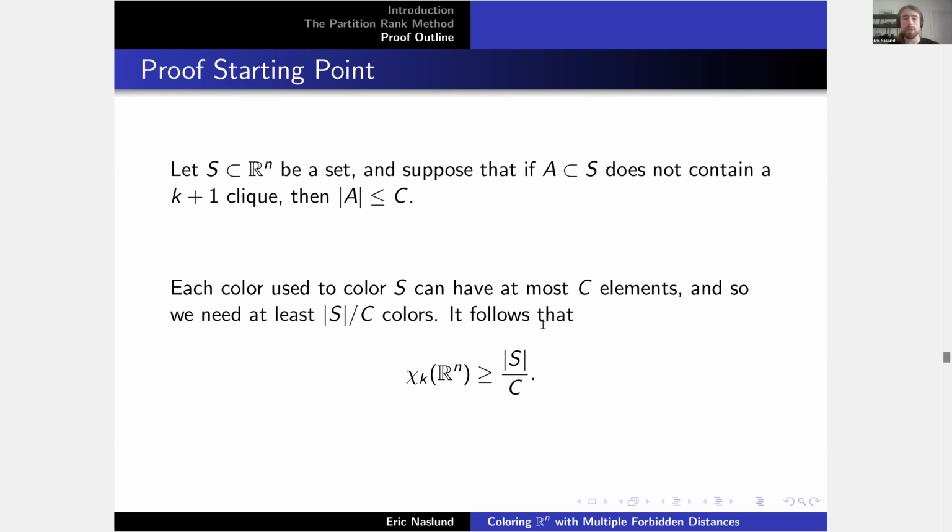We don't need to rewrite it twice. So I'm just going to talk about k+1 cliques going forward. This is the setup we want: we want to find a set S in Rn and prove that every subset of it that doesn't contain a k+1 clique is small, because that will bound our chromatic number.